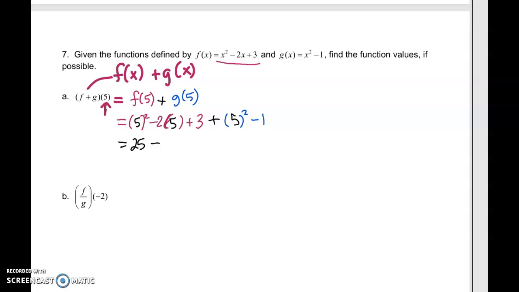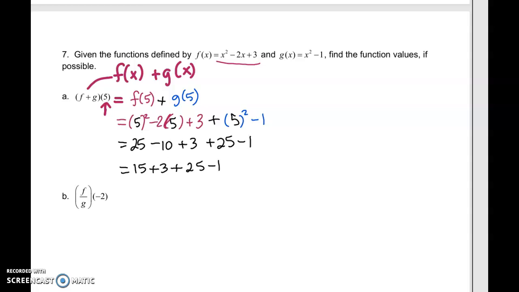5 squared is 25. Minus 2 times 5 is 10. Plus 3 plus 25 minus 1. So now I'm going to add, and this will be subtract 10. Well, that's going to be 15. Add 3.